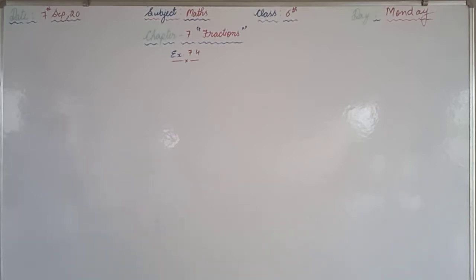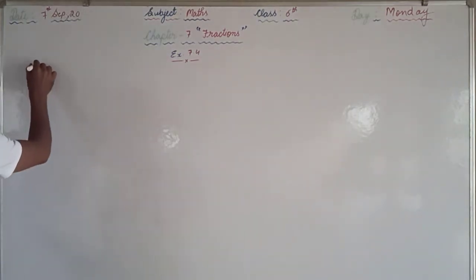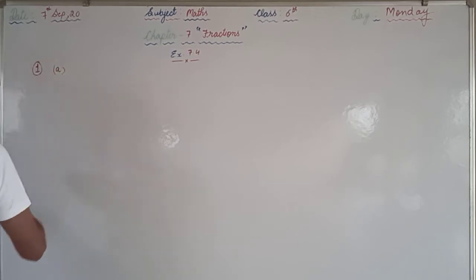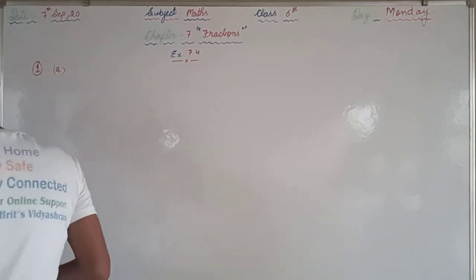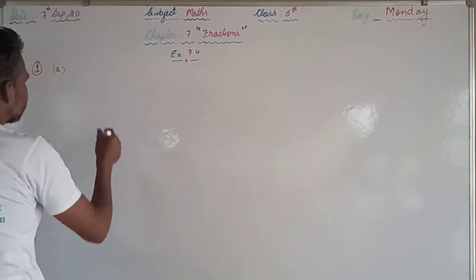7.4. Question number 1. In question number 1, the figure is given and two parts are there. One part we will do here, and the second part will be there as homework. 4 circles are given there.